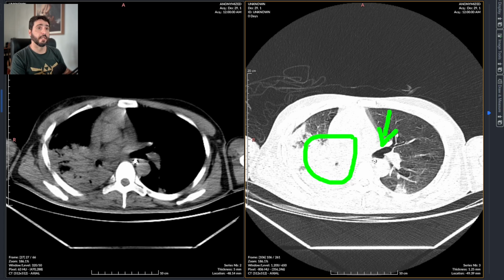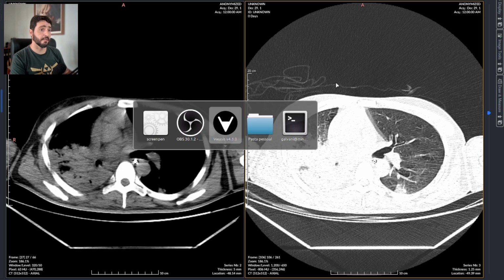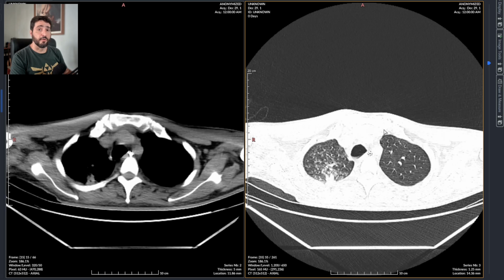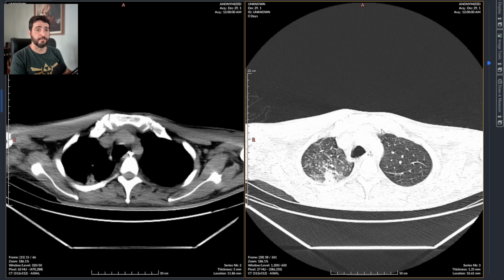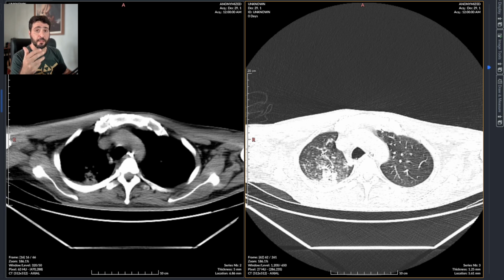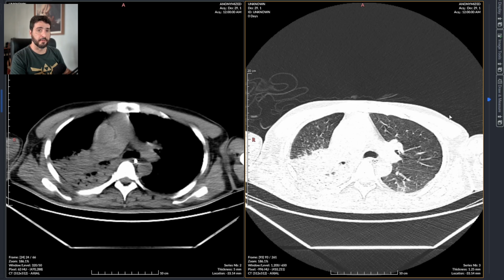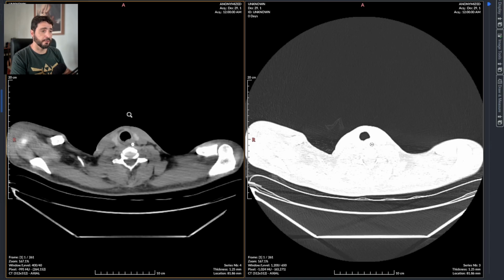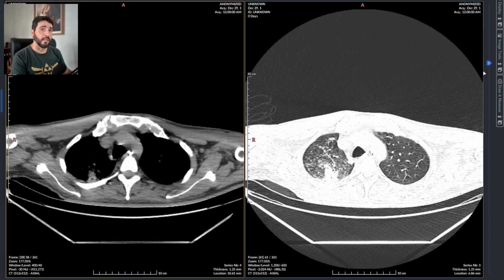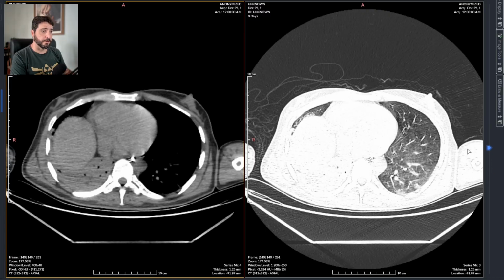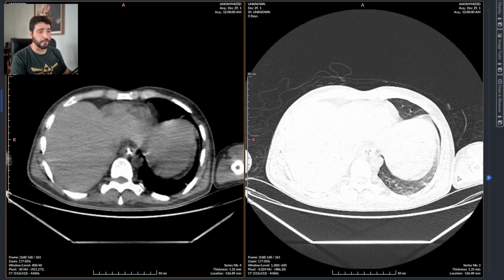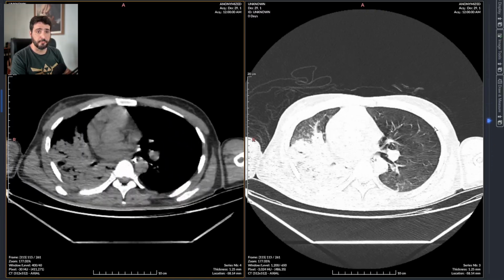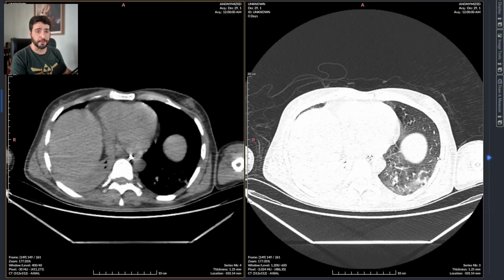So we have a proper diagnosis of a major, very severe pneumonia due to bronchoaspiration in a severely ill patient that has trouble swallowing. Let's look for other signs of complications. We are looking for a pleural effusion. Is there a pleural effusion? No pleural effusion, so no pleural collection.